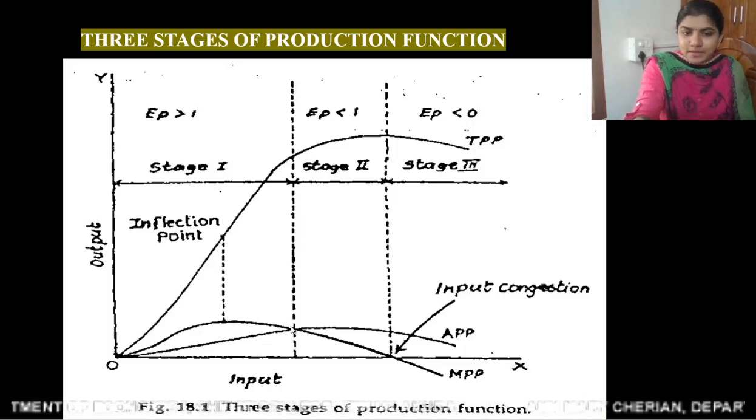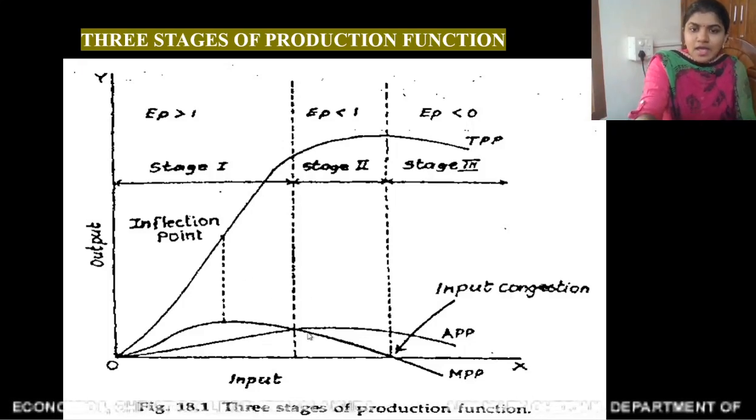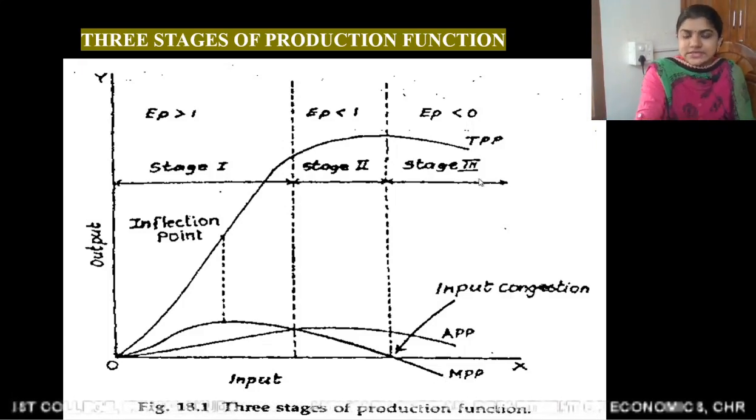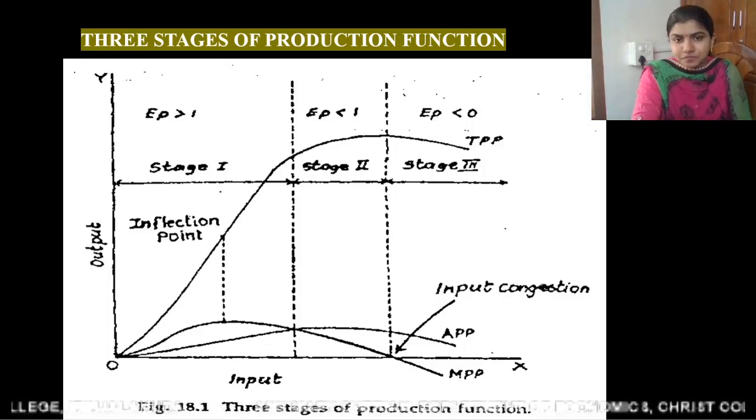When MPP decreases, TPP is increasing at a decreasing rate. And when MPP is 0, TPP is at its maximum, and when MPP is negative, TPP is declining. So these are the relationships between MPP and TPP.